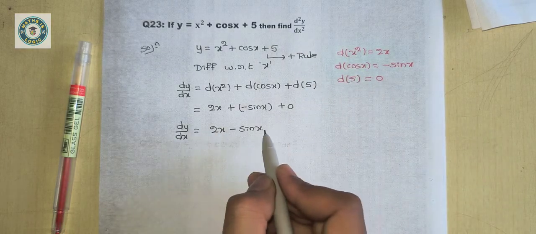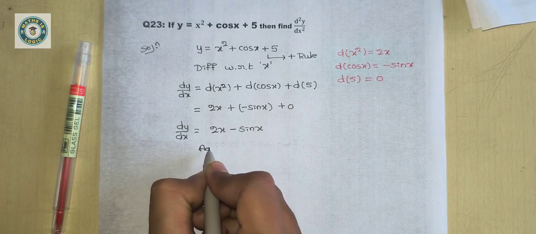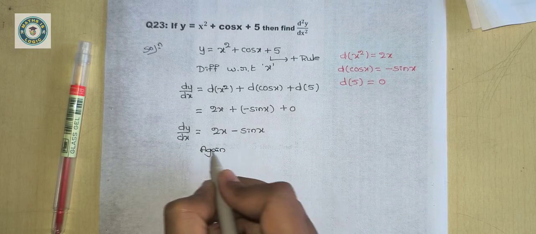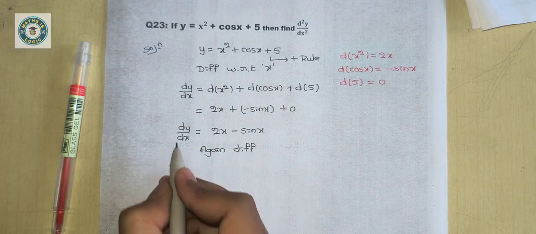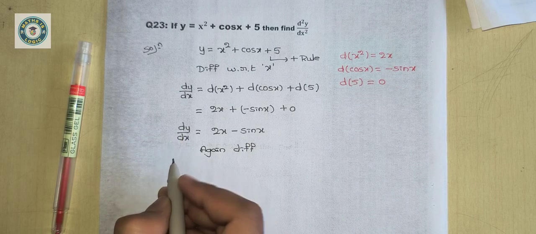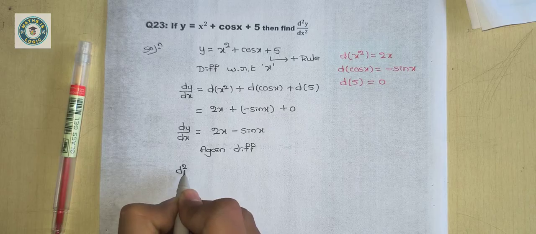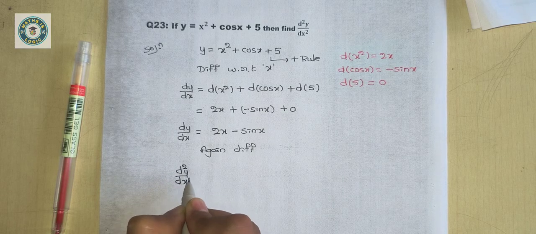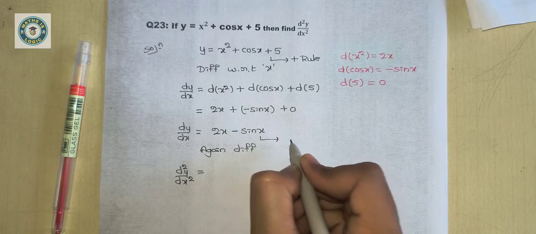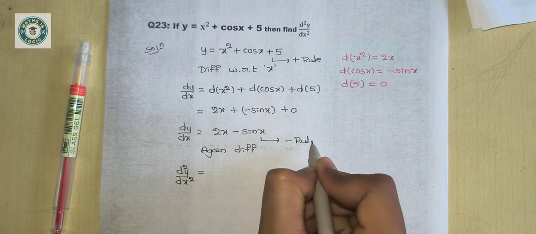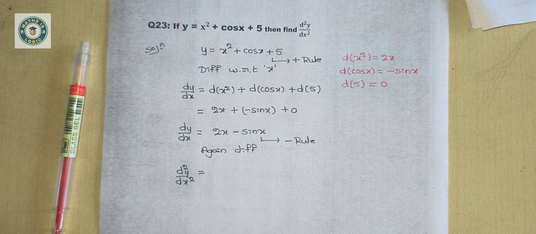But we need to find d square y divided by dx square. So after doing the first differentiation, next we need to do one more differentiation. Again differentiate with respect to x. That time dy by dx becomes d square y divided by dx square. Again here there are 2 terms with a minus sign in between, so we apply the minus rule.